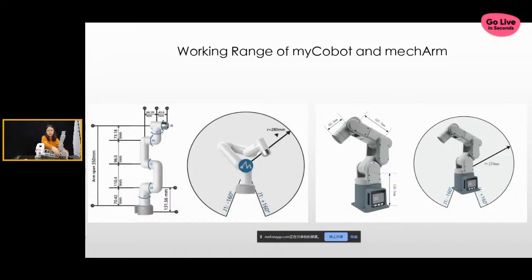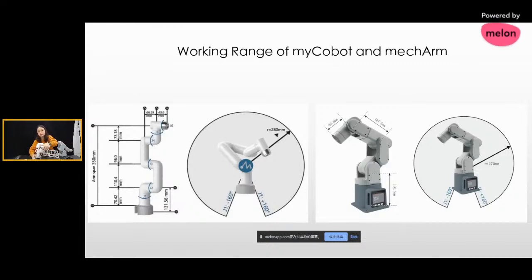Let me introduce the mechArm first. This one is joint 1, and this is joint 2, joint 3, 4, 5, and 6. That means it has six joints and six DoF.